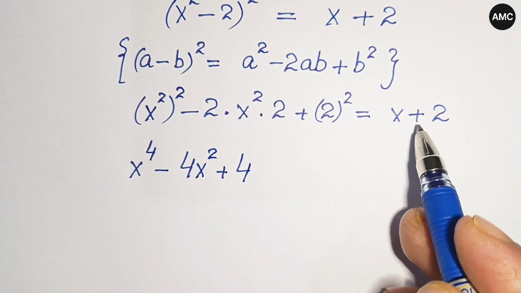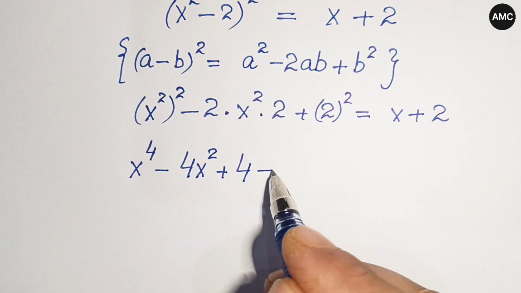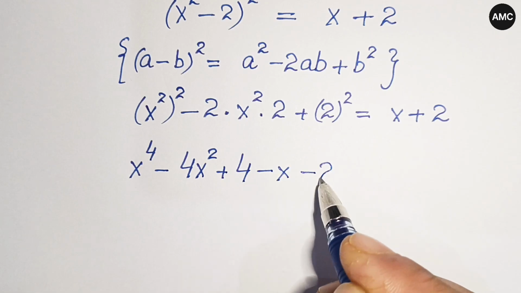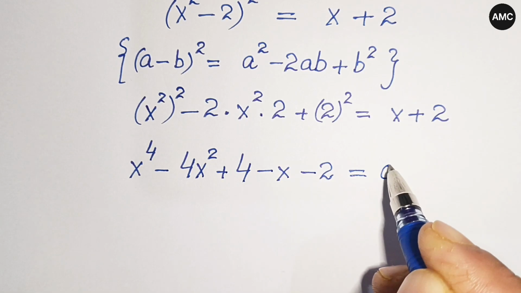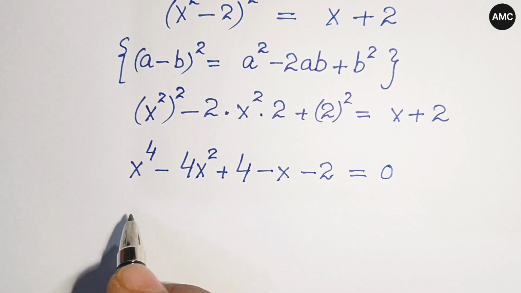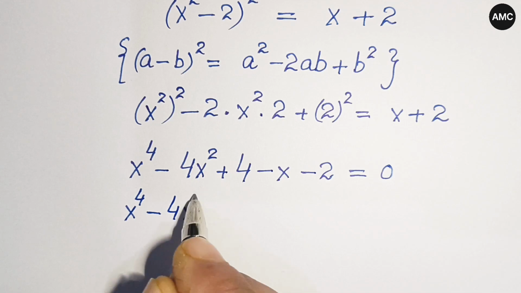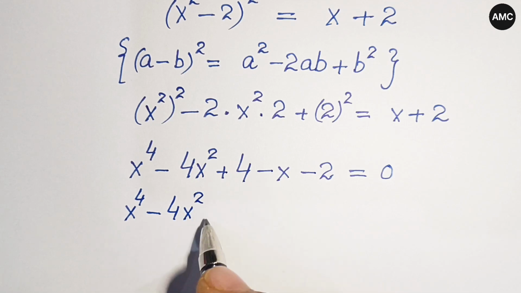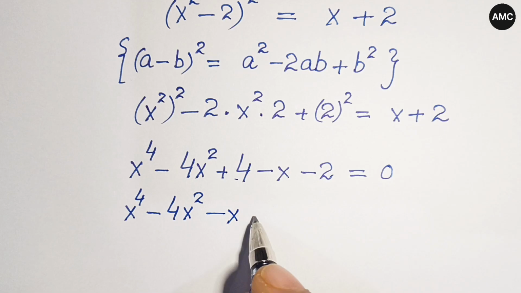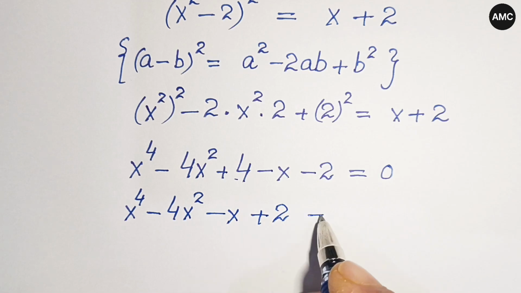Now shifting these two terms to our left hand side, we get minus x minus 2 is equal to 0. Here we have x to the power 4 minus 4x squared minus x plus 4 minus 2, we get plus 2 is equal to 0.